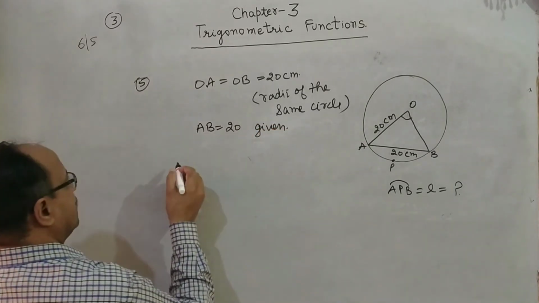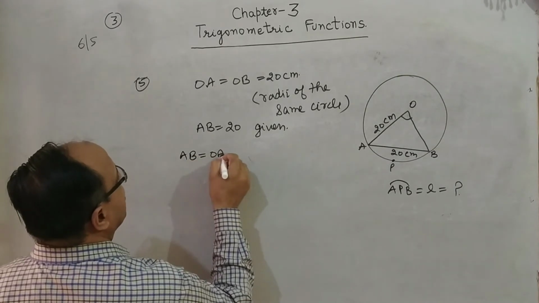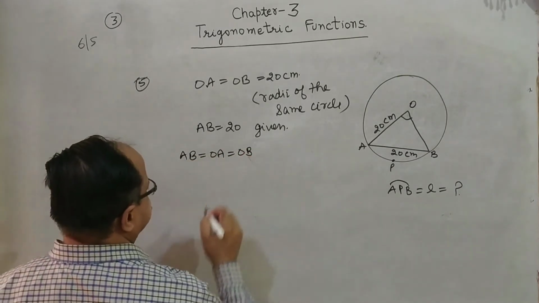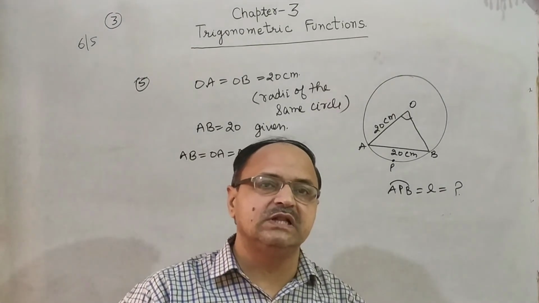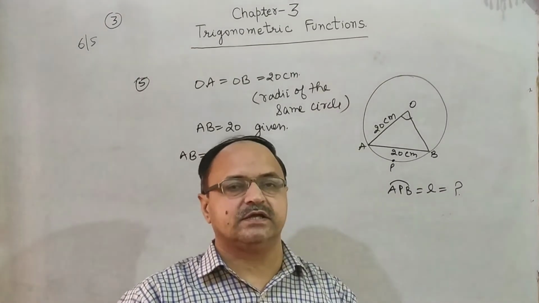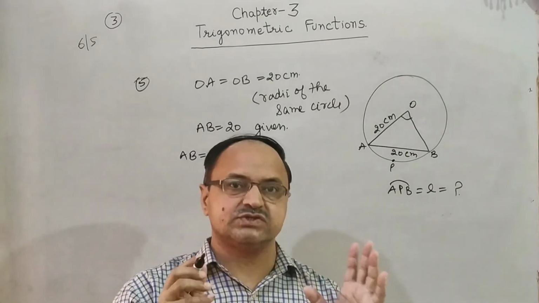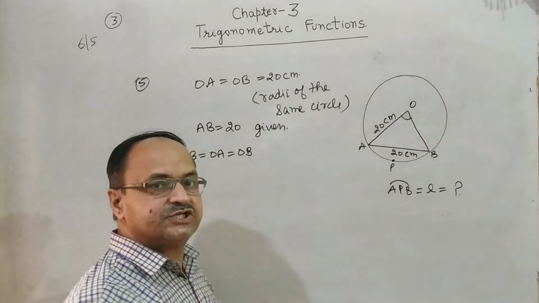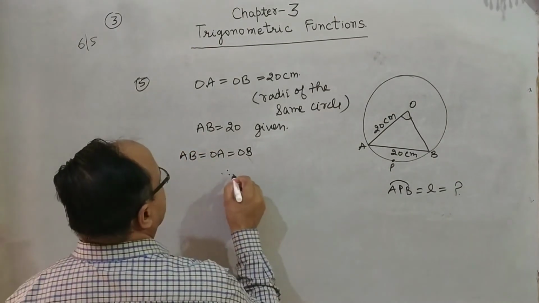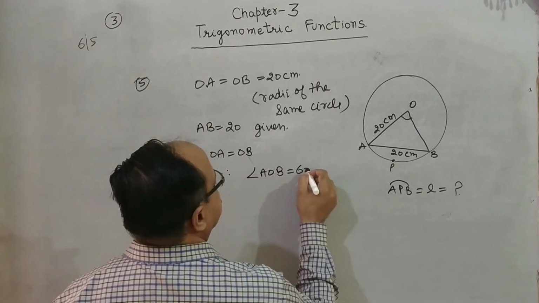So on comparing, AB is equal to OA is equal to OB. In a triangle, if all three sides are equal, it is called an equilateral triangle, and in an equilateral triangle each angle is 60 degrees. Therefore angle AOB is equal to 60 degrees.